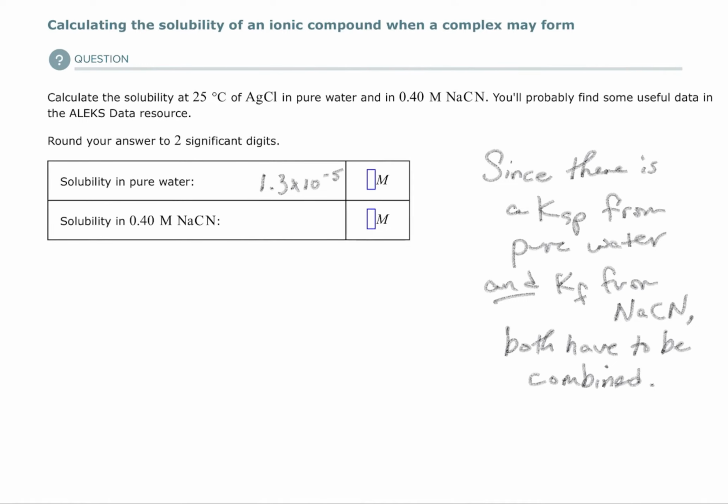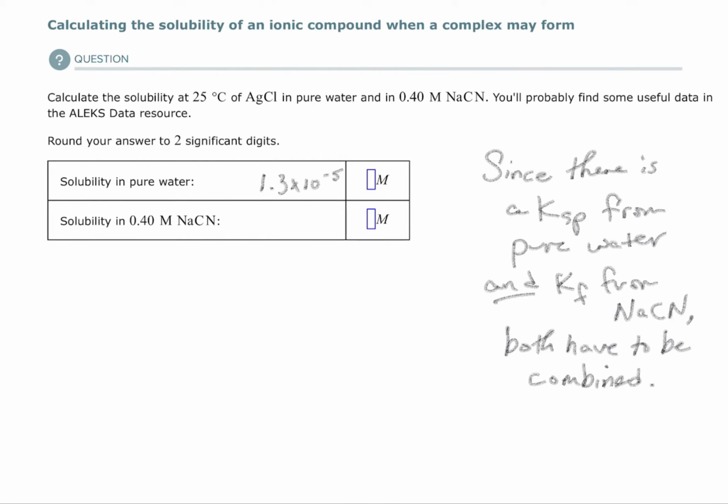You've got two different things going on, because you still have water there, because really it was just salt dissolved in the water. So you have the same thing going on that we already saw in the first example, where silver chloride is dissolving in the water. So we have a case of KSP, and we have a case of KF also.